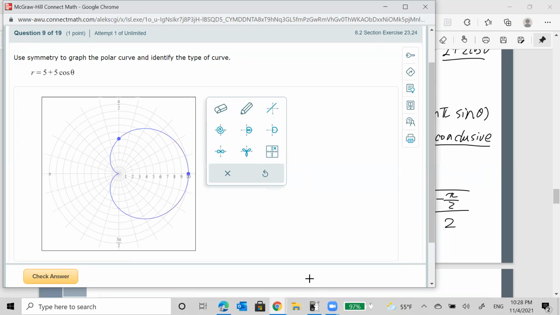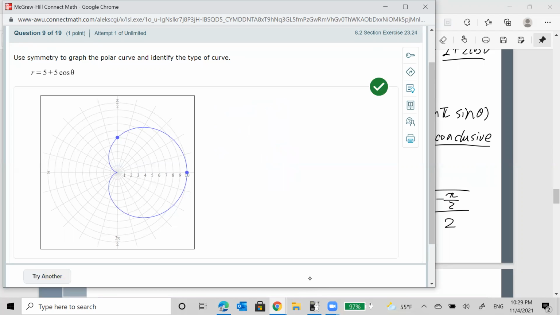If you use this way, click the shape first, this point is a plus b, and we know this intersection is a, so we draw the heart shape. Let's check the answer. Yeah, so I think this way is easier.